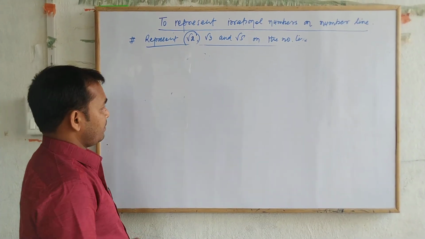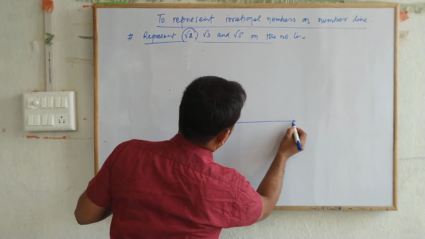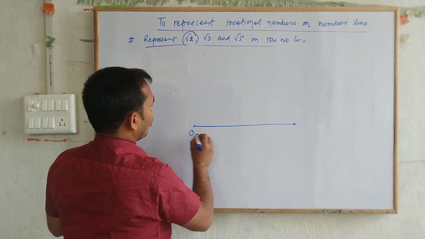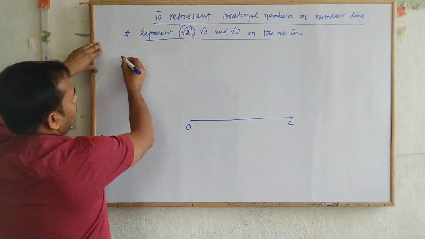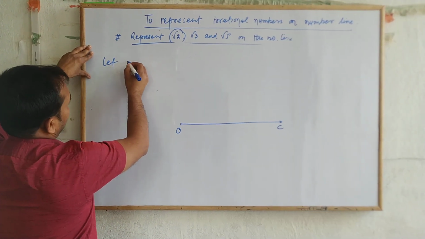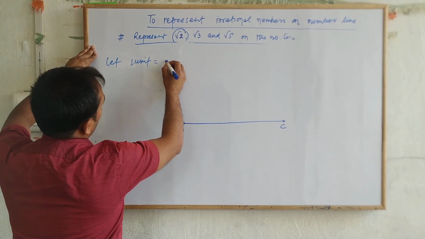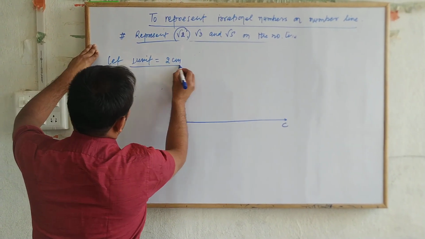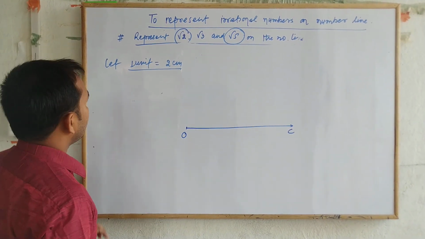For root 5, first we draw a ray OC and take here also 1 unit equal to 2 centimeter. We have to draw root 5 on the number line.